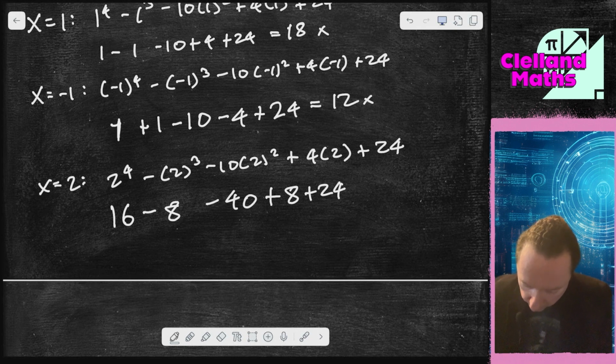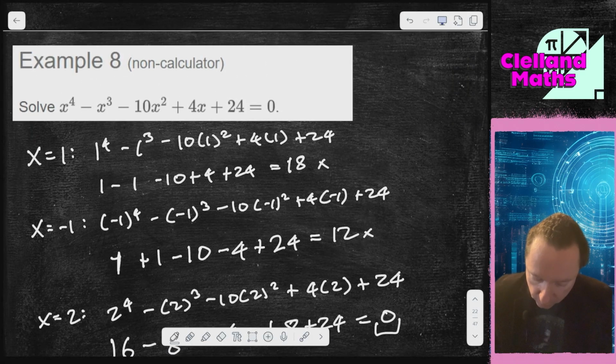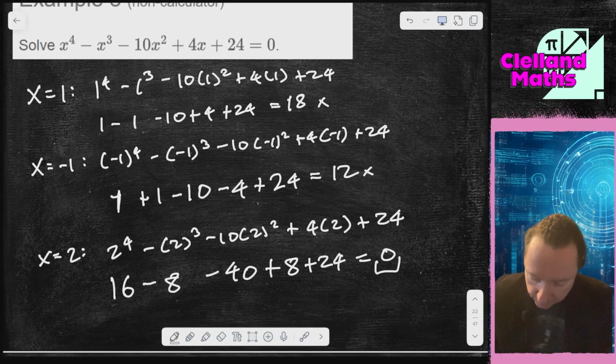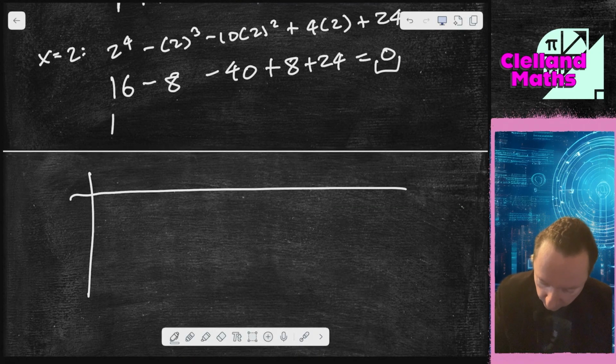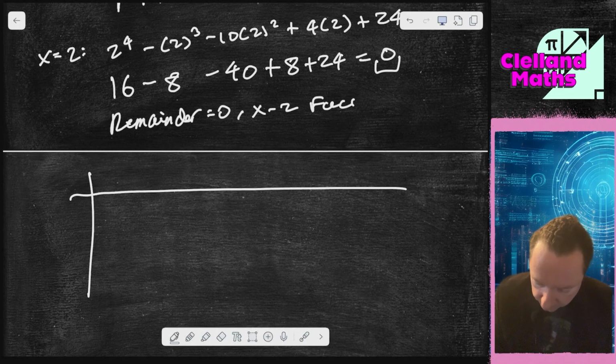So we've got 16 minus 8 is 8 plus 8 is another 16 plus 24 is 40 minus 40 is 0. We've finally found a factor. It's 2. So we can sub in the 2 and we can get a cubic. Remainder equals 0. So x minus 2 is a factor.